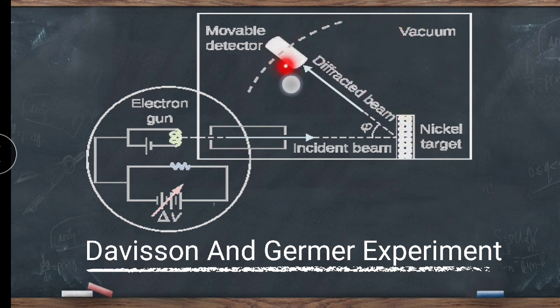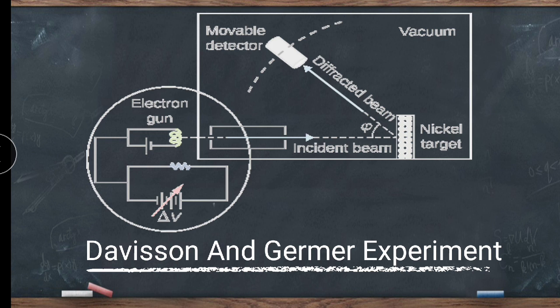With the help of this movable detector which has a galvanometer inside, we can catch those electrons and find the reading of the galvanometer, and simultaneously we should find the value of phi, that means the angle the electrons are making at the time of catching, that we should note down, right?